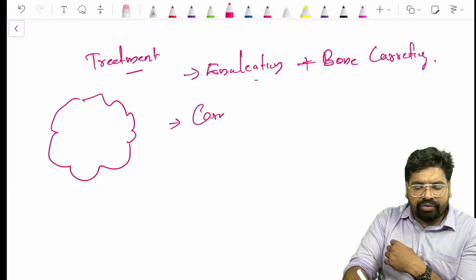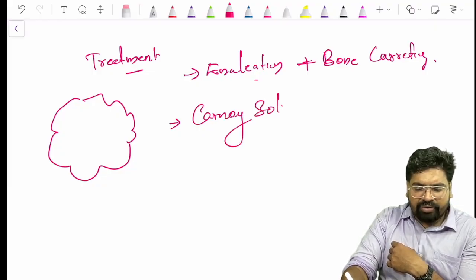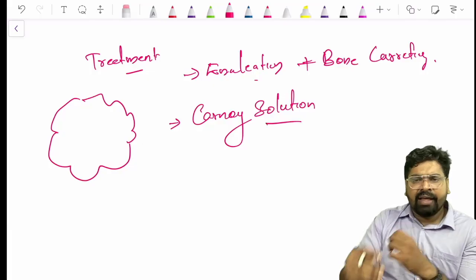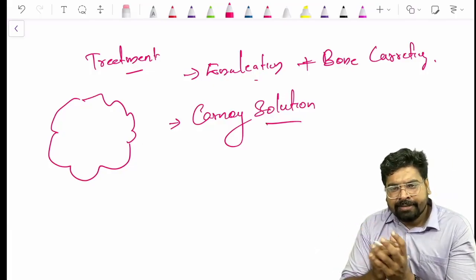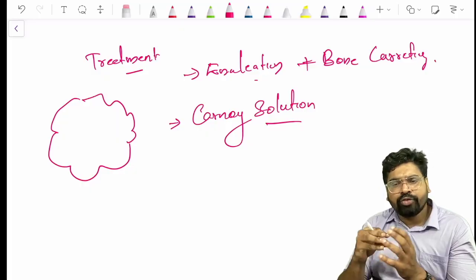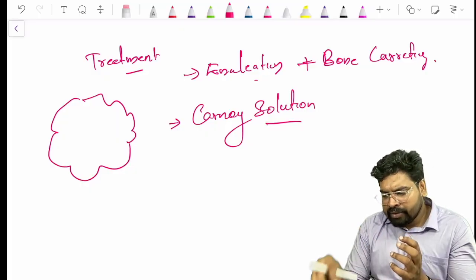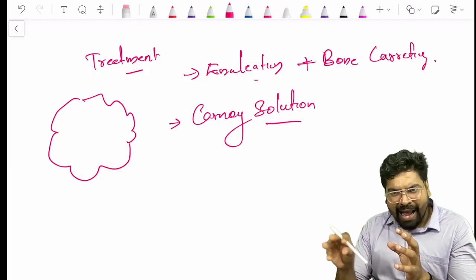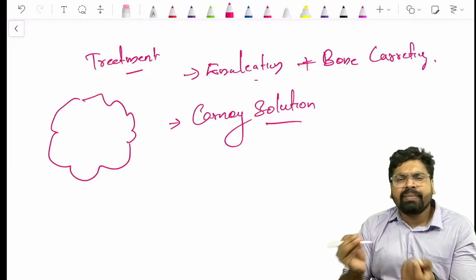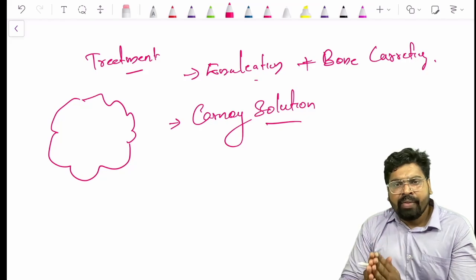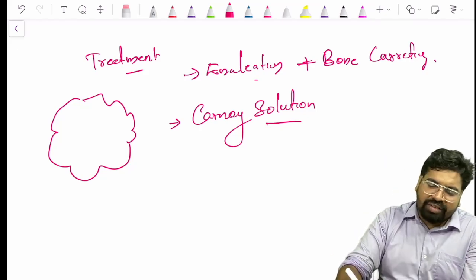You can use Carnoy solution. The surgeon will soak some tissue, a gauze piece, in Carnoy solution, and he packs that area so that if any remnants are there, they will get destroyed or lysed by this Carnoy solution. What is Carnoy solution?